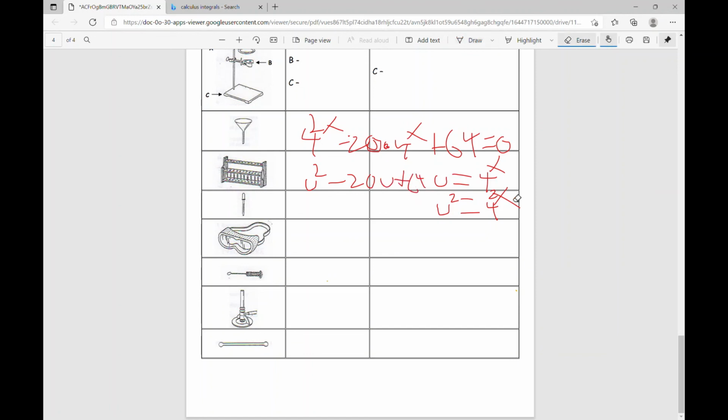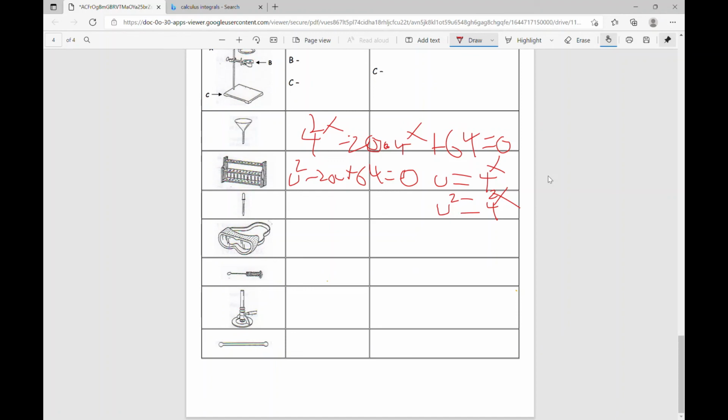U squared minus 20u plus 64 is equal to 0. Notice that this complicated expression turned into a trinomial, which we can factor.